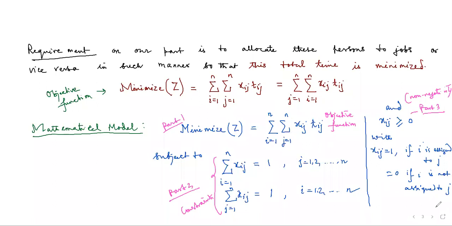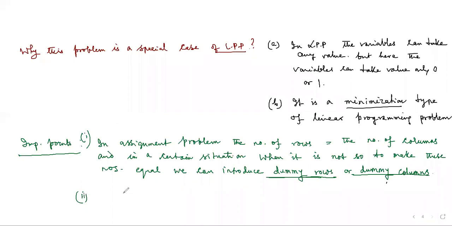So solving it with twice n equations is very difficult, and therefore we always avoid solving assignment problem using simplex.